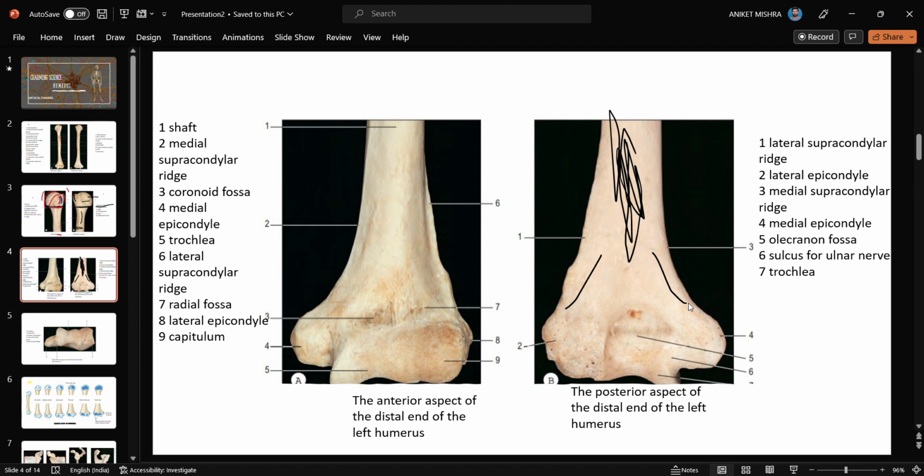Generally the lower end has approximately 7-8 features, so we will talk about that. The first, as we see, is the shaft, which is the continuity of the bone. The second one is the medial supracondylar ridge.